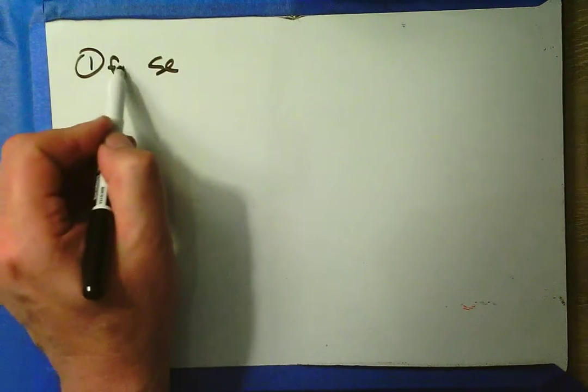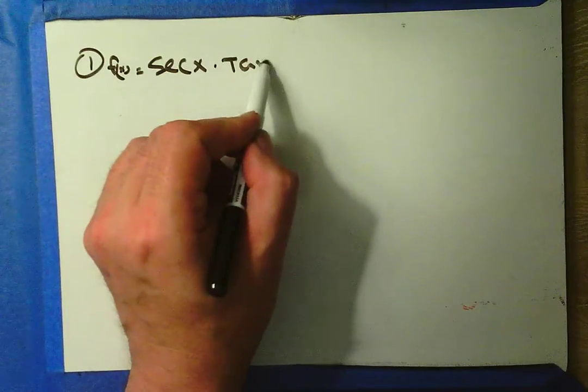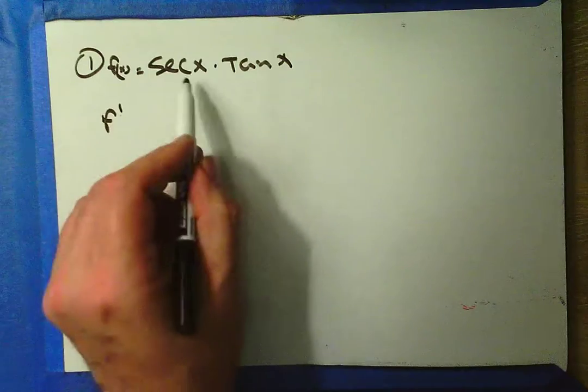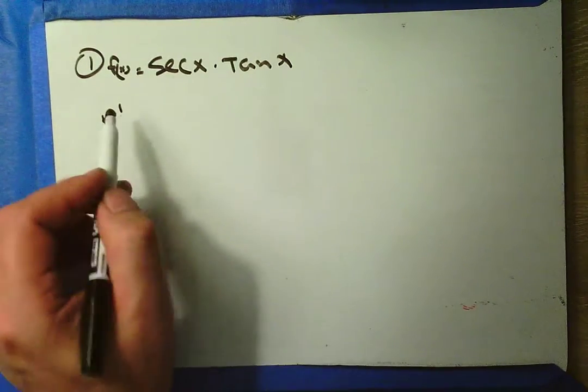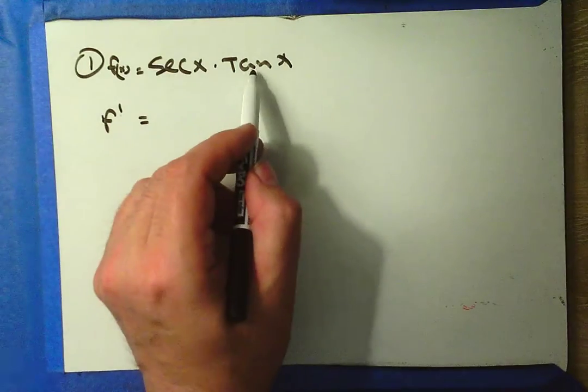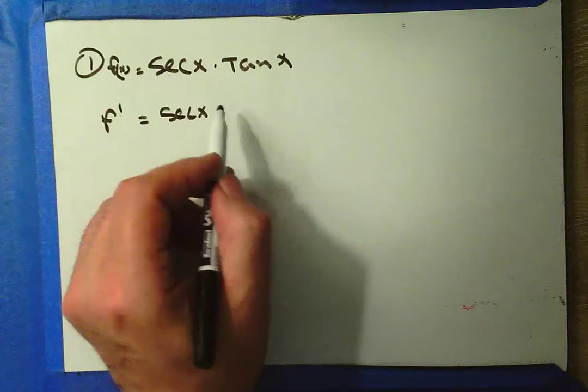If f of x equals secant x times tangent x. Okay, so this is a product here, so I need the product rule. So f prime would be this times the derivative of that, secant x times the derivative of tangent.